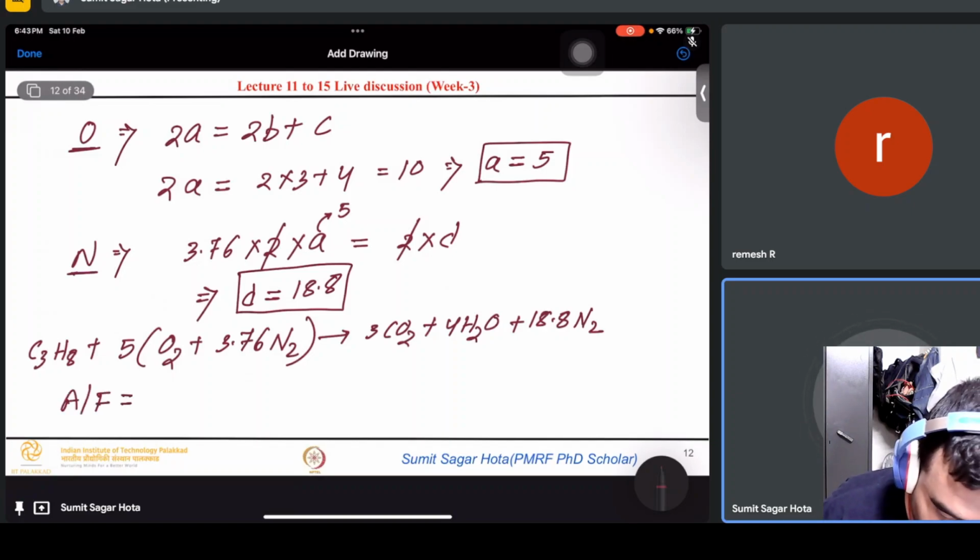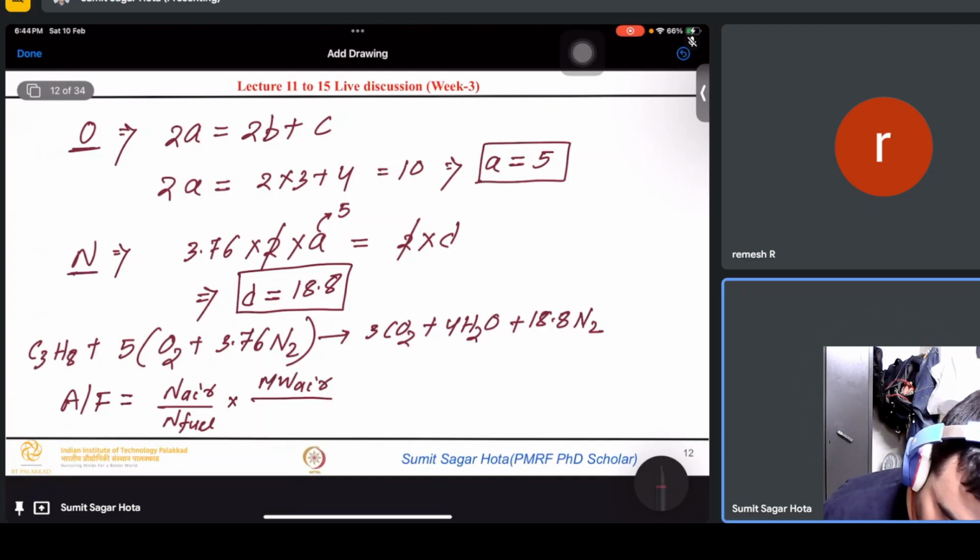Now the air-fuel ratio is equal to the mass of air divided by the mass of fuel, which is the number of moles of air times the molecular weight of air, divided by the moles of fuel times the molecular weight of fuel.